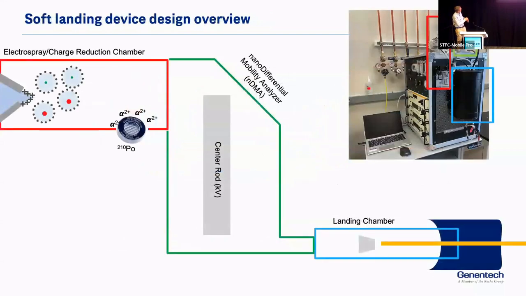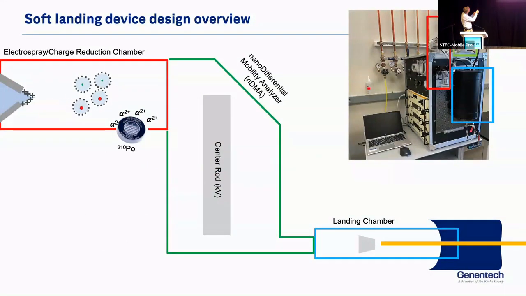Our system starts with electrospray, like in most mass spec instruments. We are concerned, though, that one of the things that happens in electrospray is that droplets fission and break apart, and they very quickly shrink to more or less the size of the target proteins. We would like to slow that down so that each protein is surrounded by a generous layer of water, at least at the beginning.